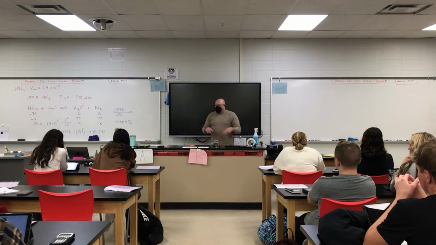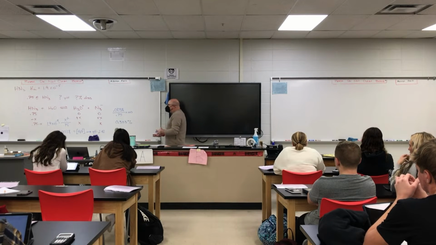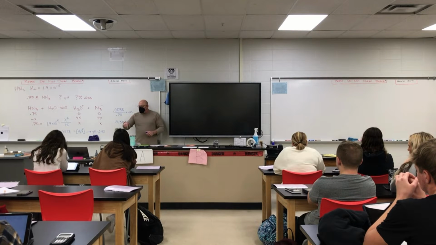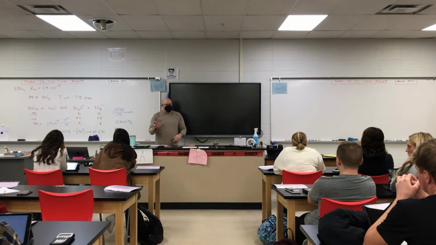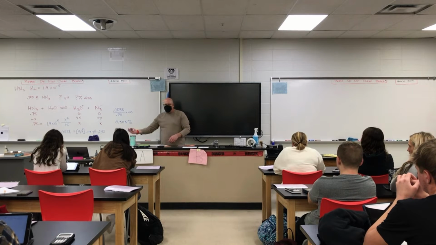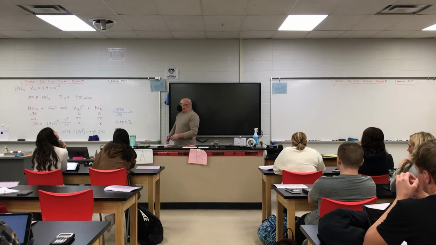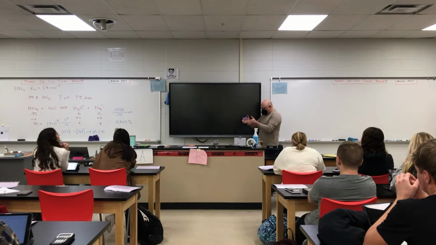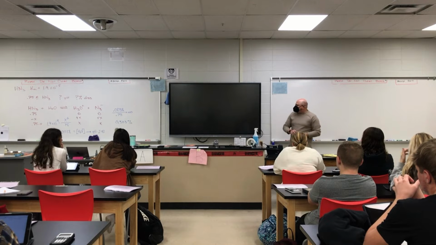Okay? The problems that we're going to be working are going to be a little more involved. You're going to have more steps and stuff, but it's nothing you haven't done before. You've done stoichiometry, right? And you've done equilibriums. You know how to calculate pH. So we're just going to build on and put those things together a little bit more. Okay.